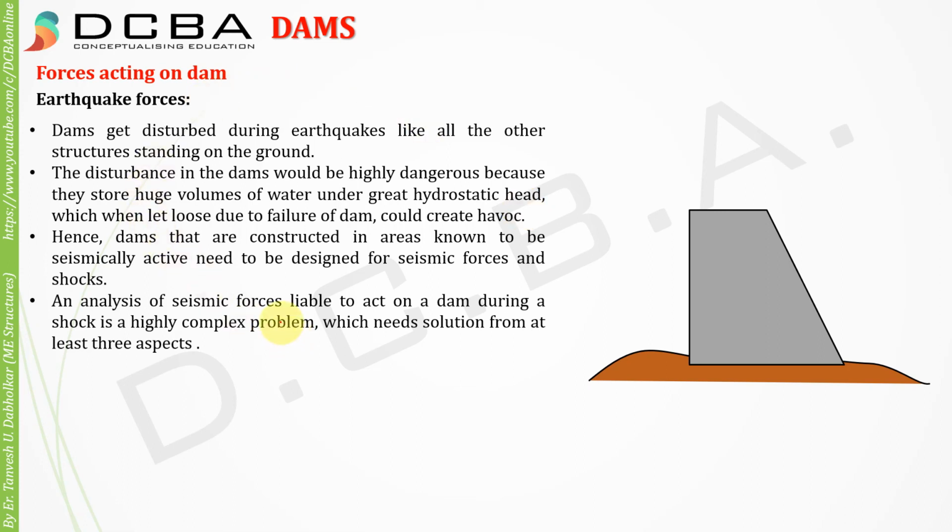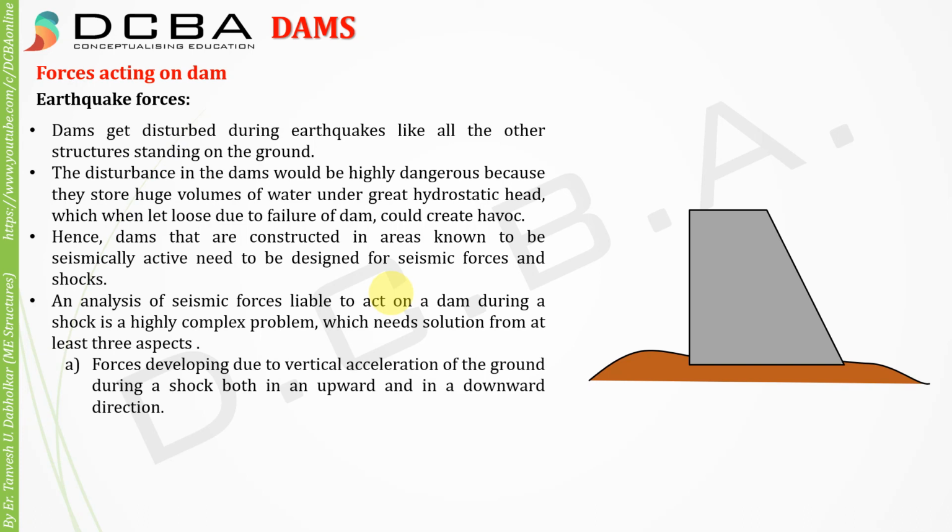An analysis of seismic force liable to act on a dam during a shock is a highly complex problem which needs solution from at least three aspects. First is force developed due to vertical acceleration of the ground. Now whenever an earthquake happens, there is a horizontal acceleration of the ground, let's say in the X direction and in the Y direction.